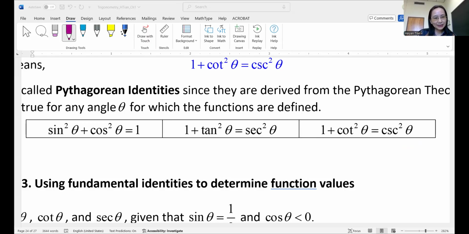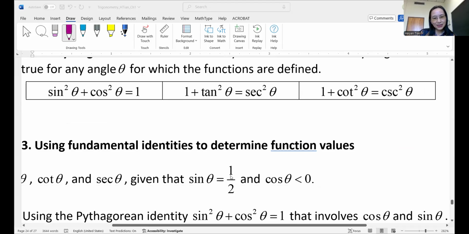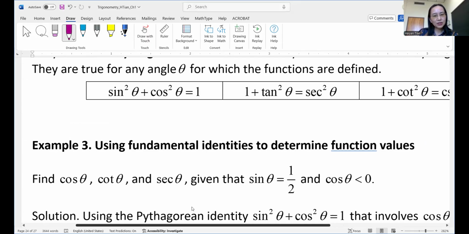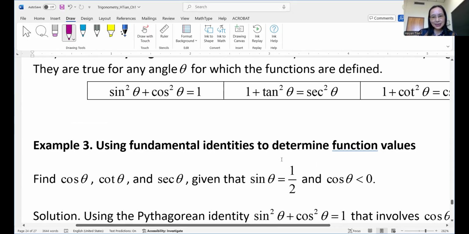So these are the identities, and of course we can use them to solve a problem. Let's see the problem first, and we're going to decide.